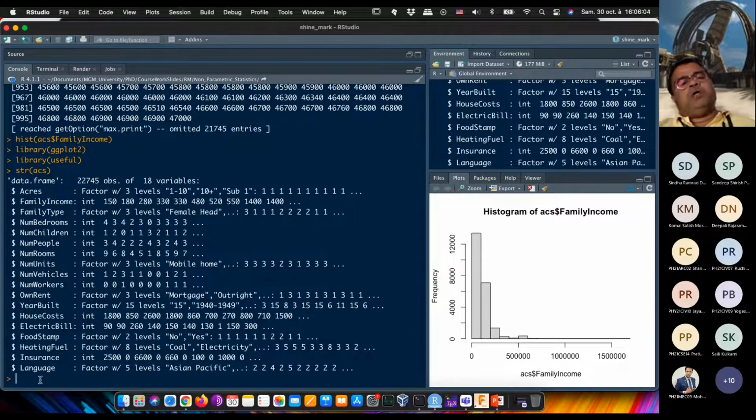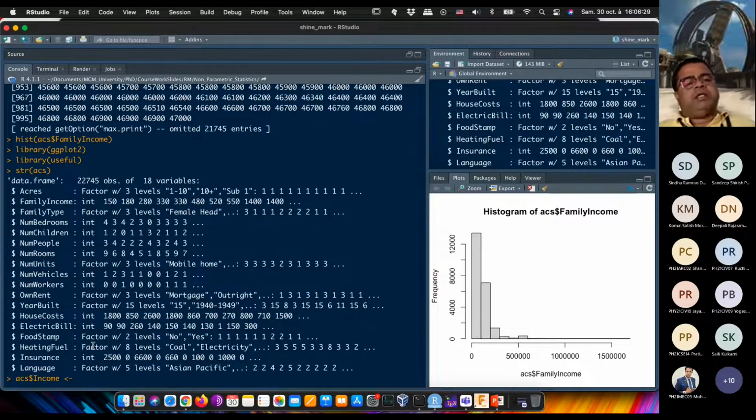So what I am going to do is create a field called income. How do I do it? My data frame is named ACS. I have to create a new field inside ACS. So ACS dollar income. If I do this, there is no field with this name right now.